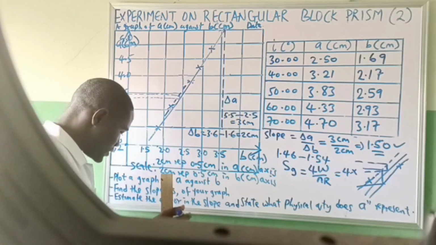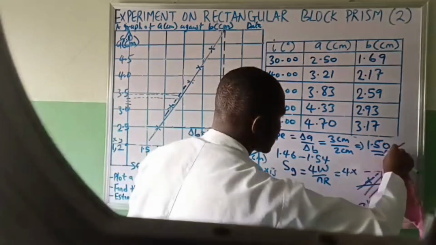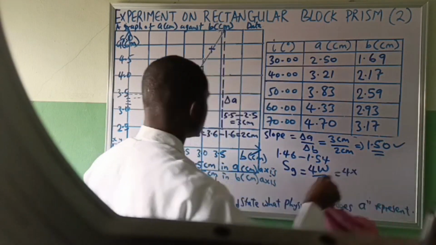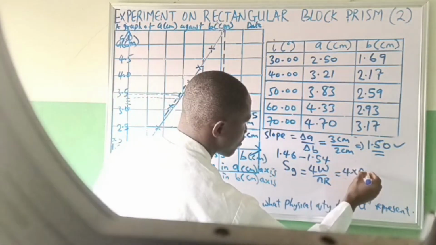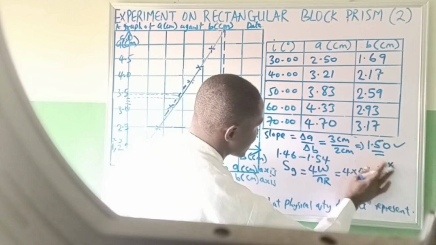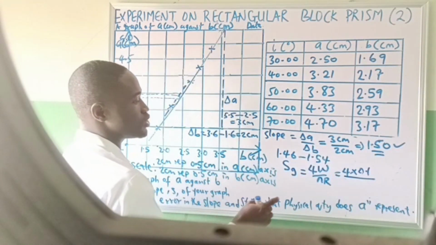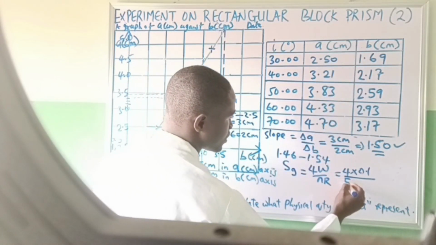So with that, 4 times W will now be 3.4 minus 3.3. That is 0.1. All over N, which means how many points do we plot? 1, 2, 3, 4, 5. 5 points.